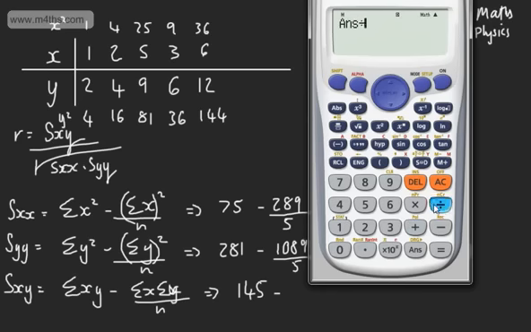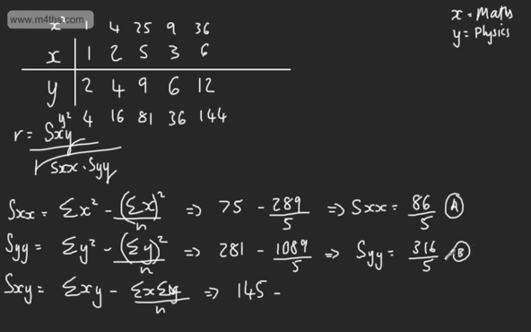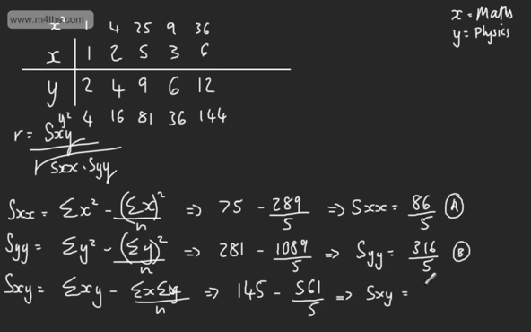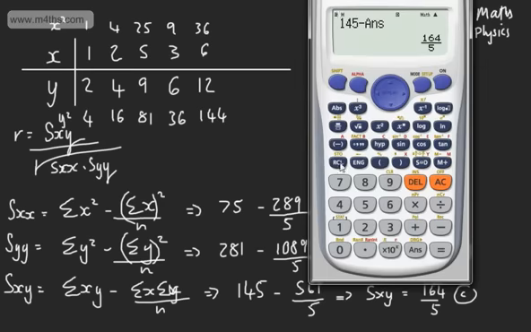So 561 divided by the 5, and that's going to give me this value right here, 561 over 5. Okay, so let's go ahead and do that. So 561 over 5. Therefore, what we can say then is SXY is going to be 145 minus this value. So let's do that, 145 minus my answer, and that's 164 over 5. So 164 over 5, and we'll store this in as C. Again, don't need to for this particular case, but it's just getting you into those habits.